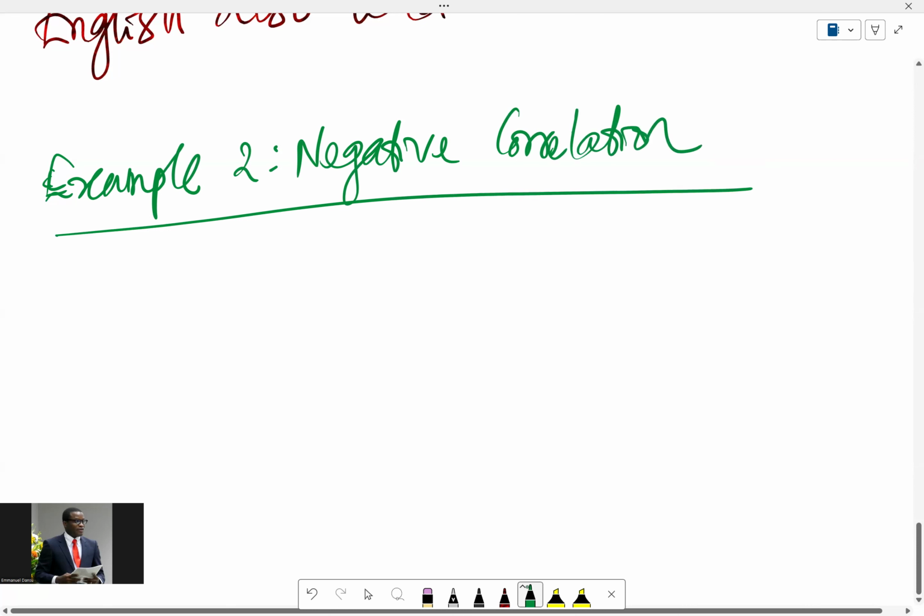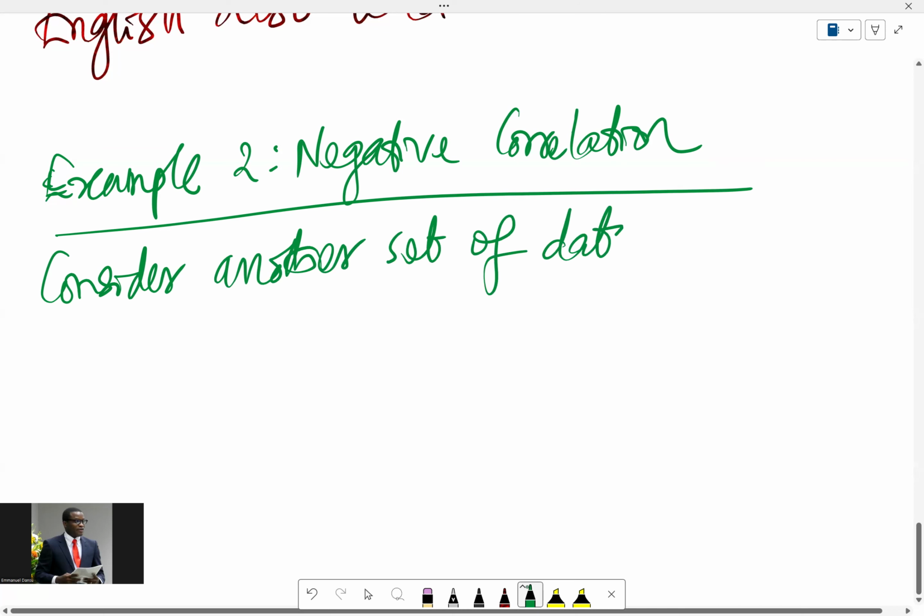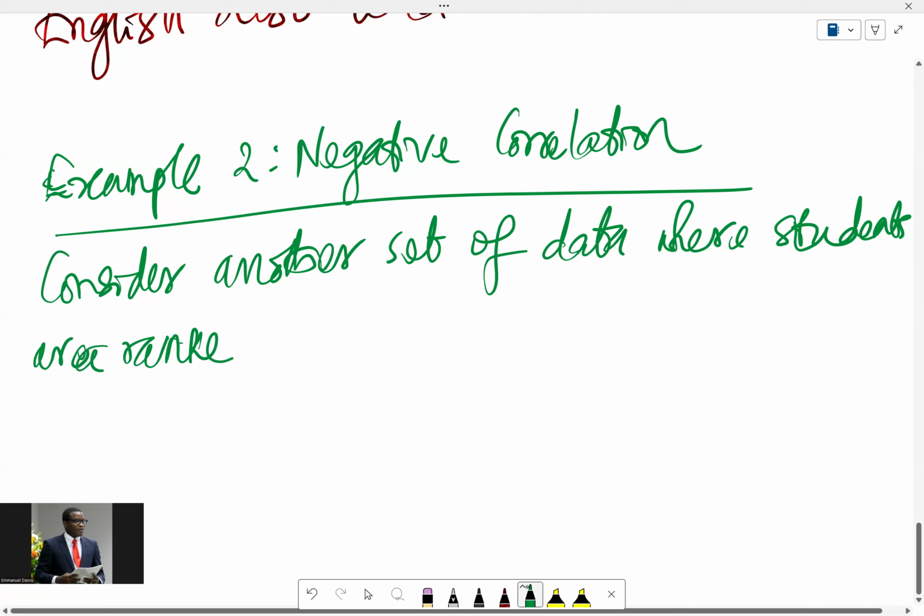So now we have another set of data where students are ranked in history and geography.